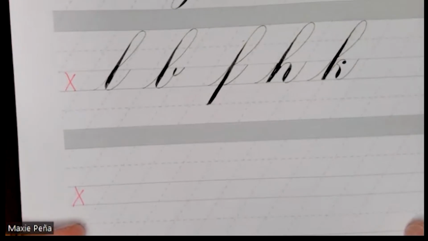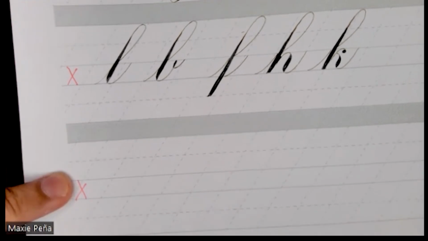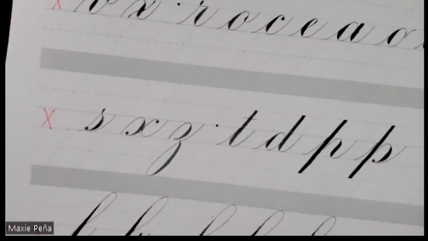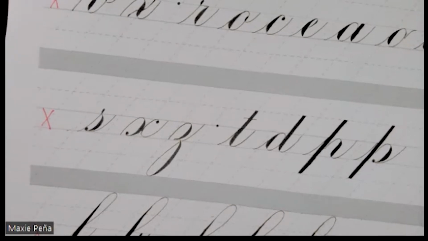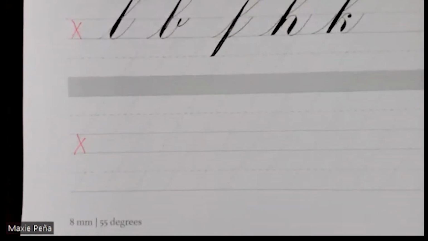J, G, Y, Q, and Z. Let me just move my stuff around so that I can move my paper up. There you go.